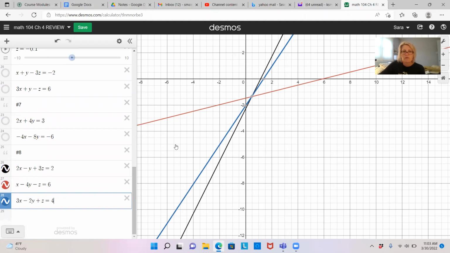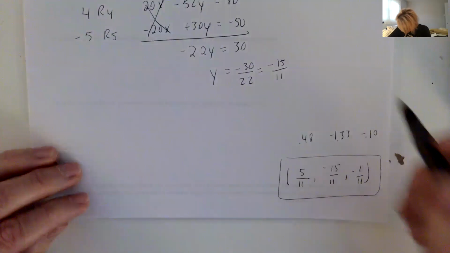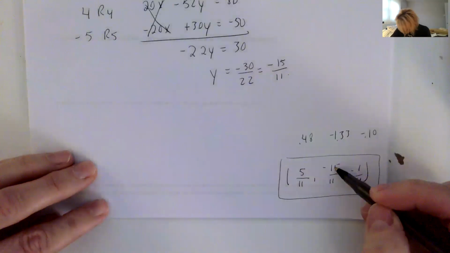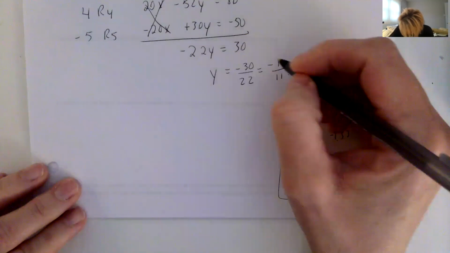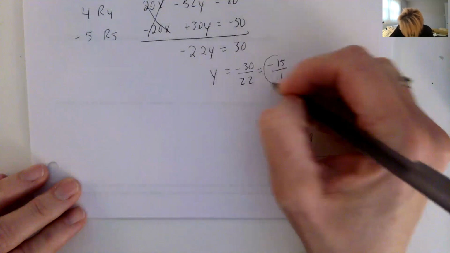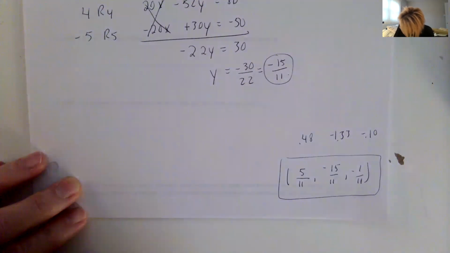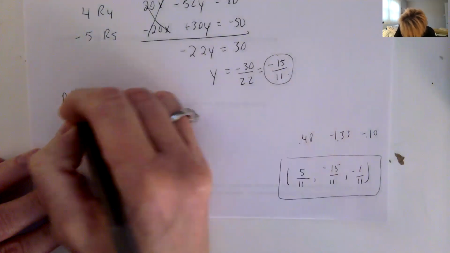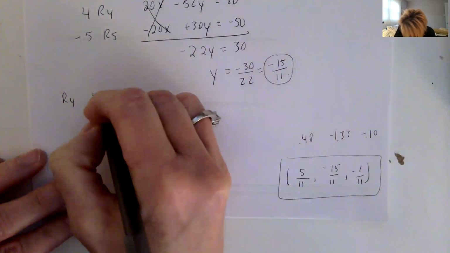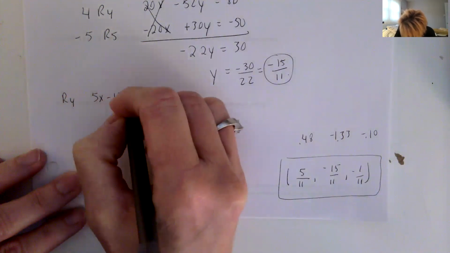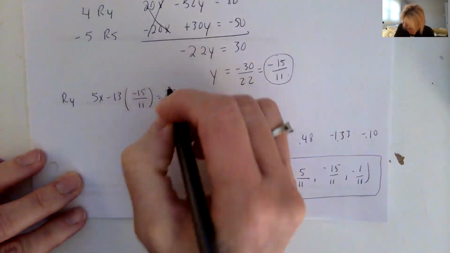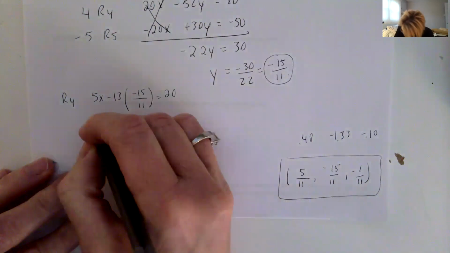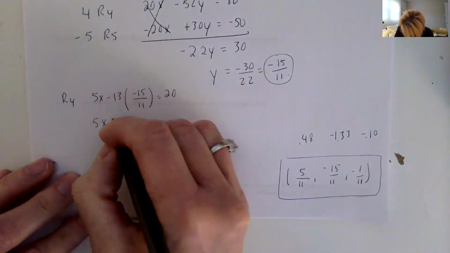So let's go back to my paper here and work these out. Okay, so we got that one. And so we can put that back into row 4, let's say. So row 4. So we know 5x minus 13 times y, which is a negative 15/11, equals 20. So 5x, a negative times a negative is a positive.